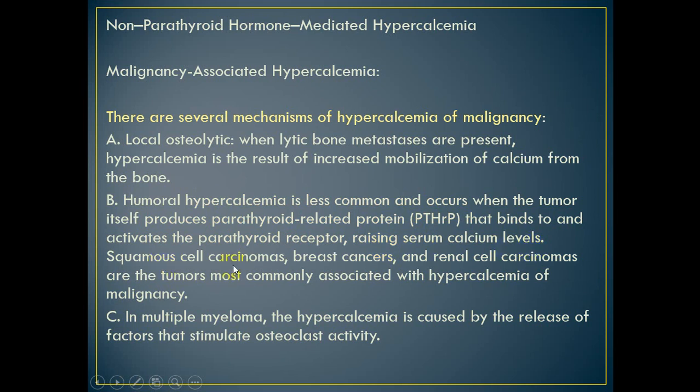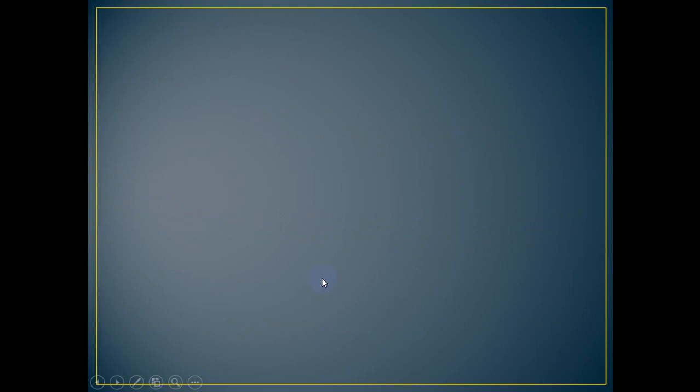Squamous cell cancers, breast cancers, and renal carcinoma are the most common cancers associated with hypercalcemia of malignancy. Finally, in patients with multiple myeloma, hypercalcemia is caused by release of factors or specific cytokines from the plasma cells that stimulate osteoclast activity.